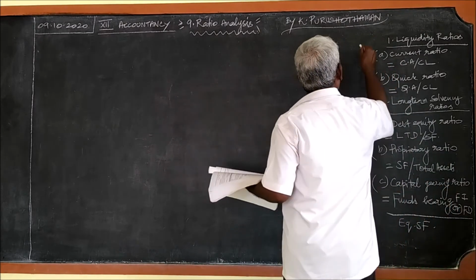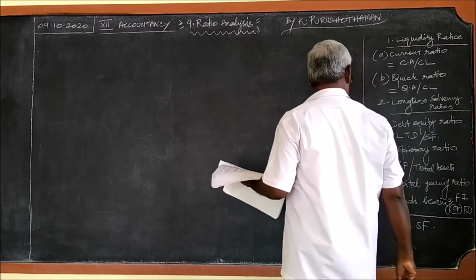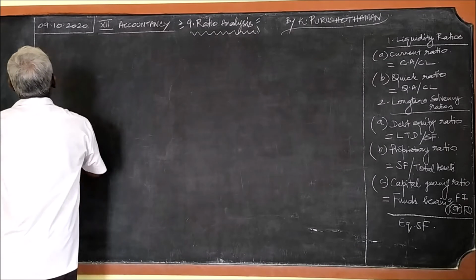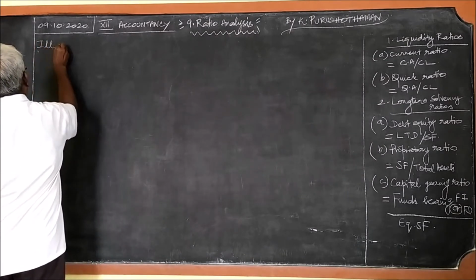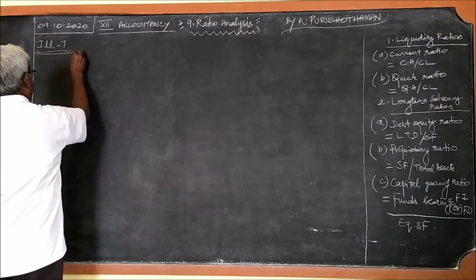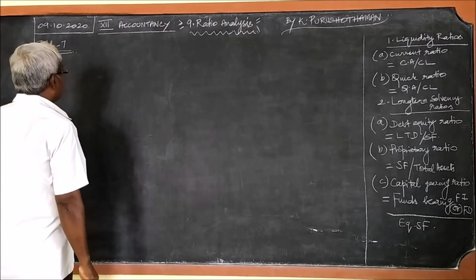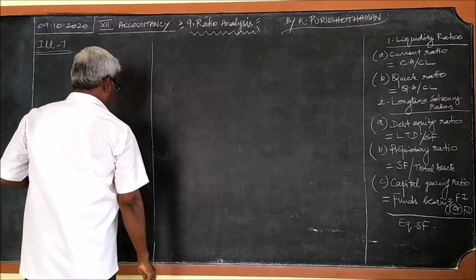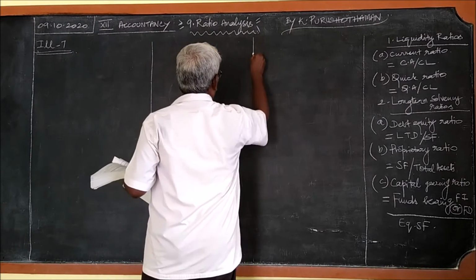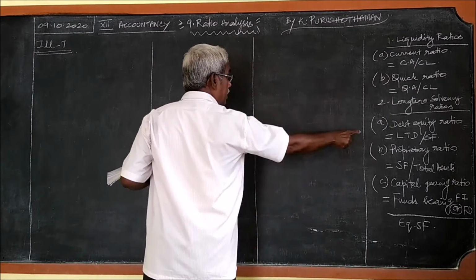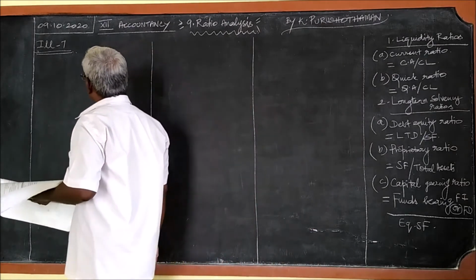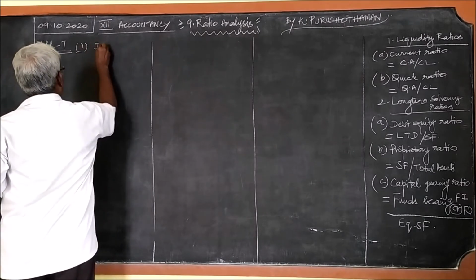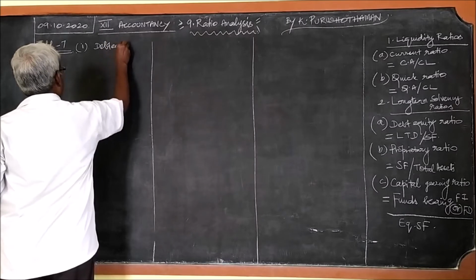These are the 5 ratios we have seen so far. Now we are going to see illustration 7. What is given in illustration 7? In illustration 7, we are supposed to find the 3 ratios. First one, debt equity ratio.